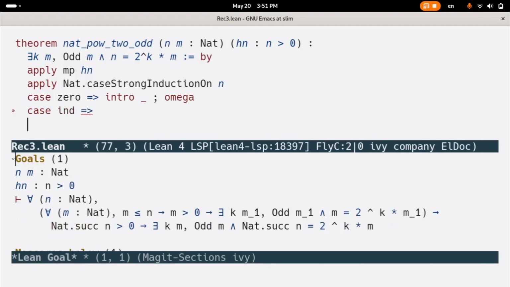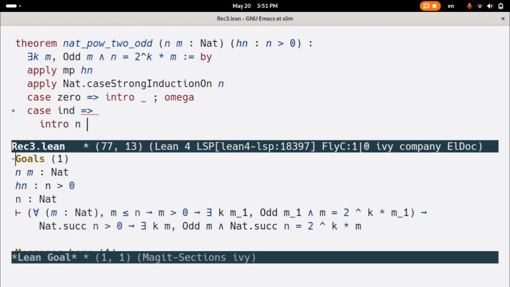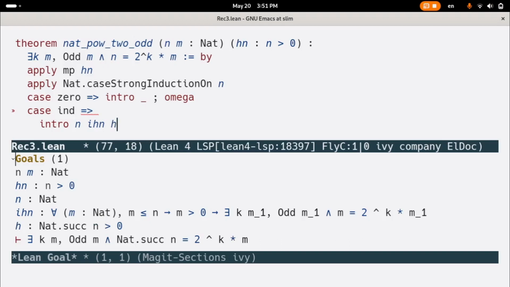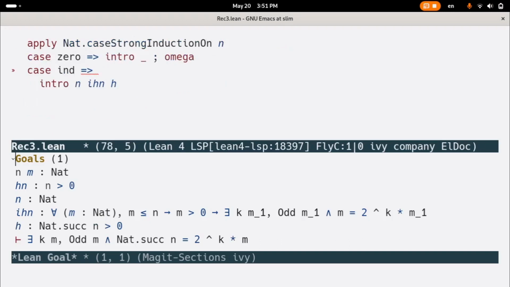In the inductive case, we introduce the smaller number n, the inductive hypothesis for the strong induction, and the fact that n plus 1 is greater than 0, which is the antecedent of the implication that we are trying to prove.